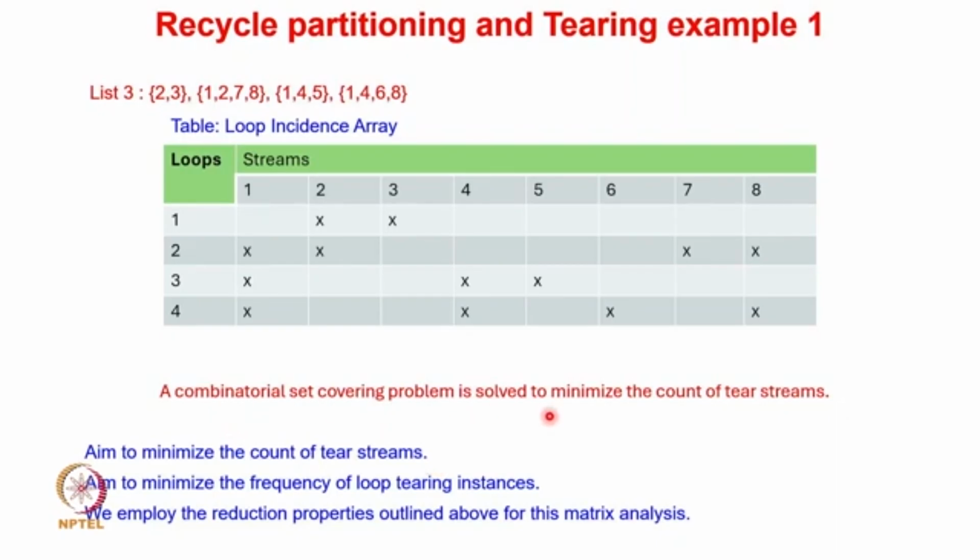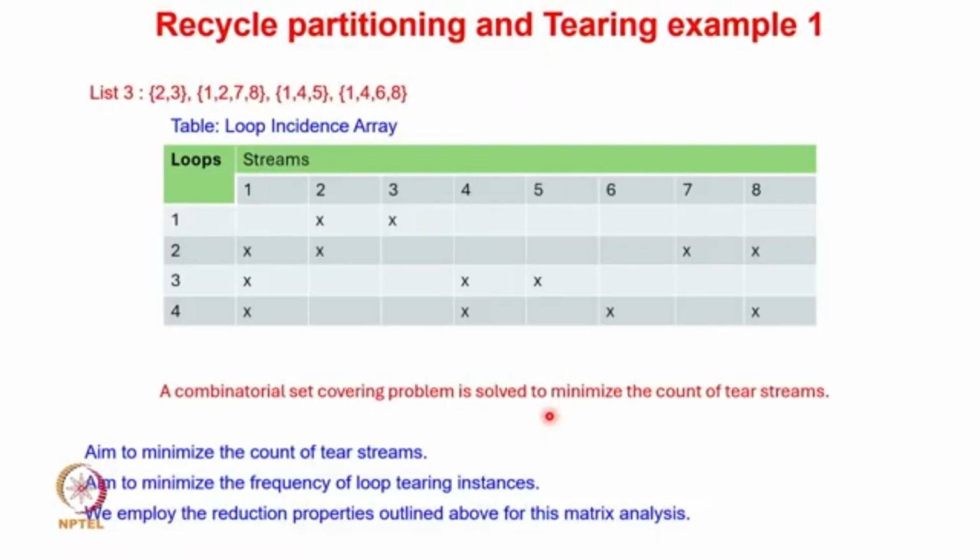It's a combinatorial problem with exponential time complexity. Typically for a small number of variables, you can solve using deterministic methods. Usually people use heuristic methods. In this case you can see that integer programming methods have to be used. And once you get the number of tear streams, then you can perform the entire calculation.